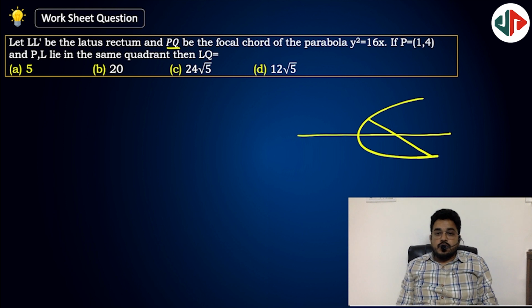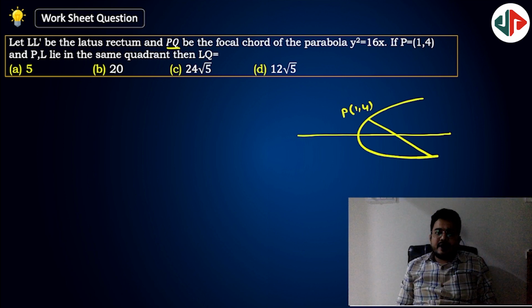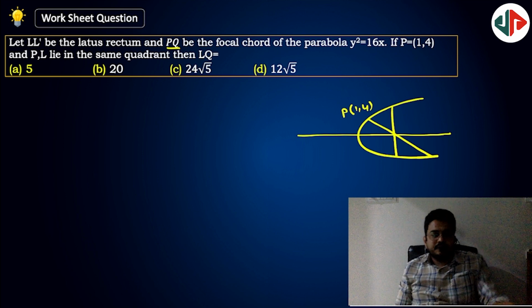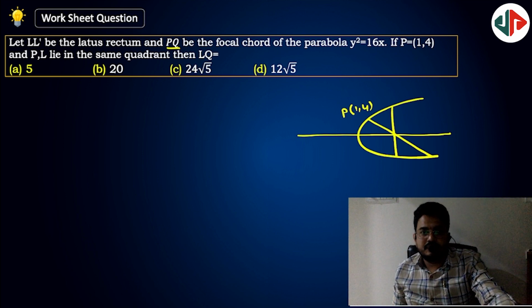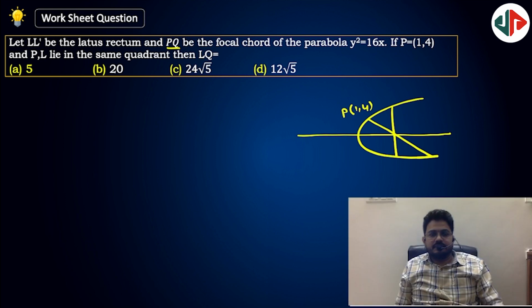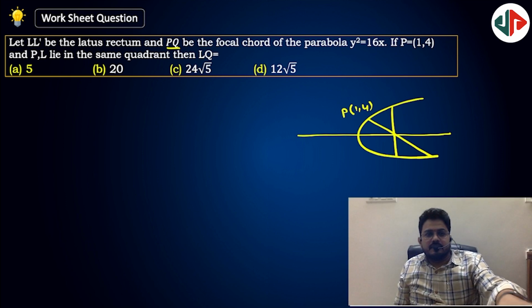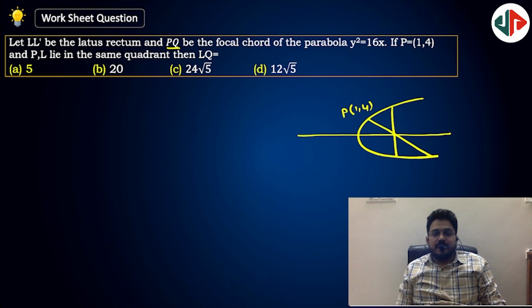So this P is 1 comma 4. The latus rectum will be here. This point is the focus of this parabola: 4a is equal to 16, so 4 comma 0.